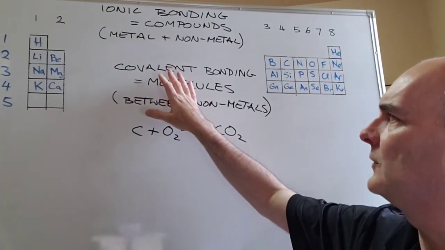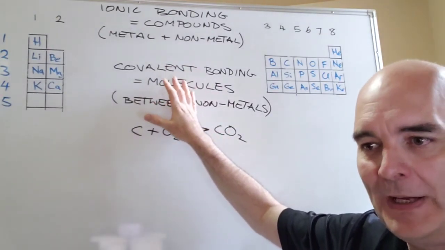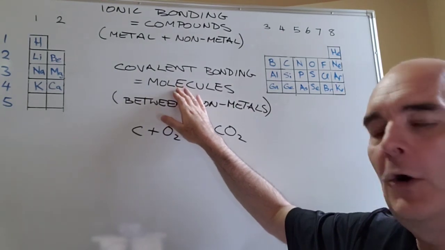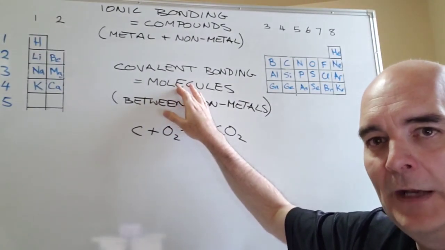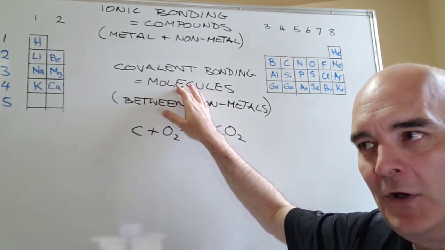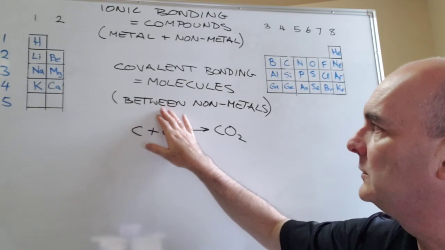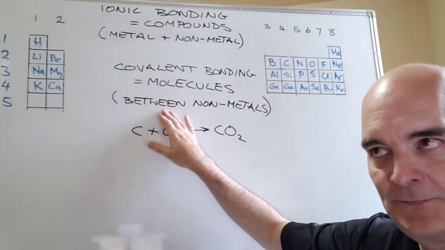And covalent bonding happens by sharing electrons, not by stealing and donating. And instead of making compounds, it makes things called molecules. And covalent bonding occurs not between metals and non-metals, but exclusively between the non-metals themselves.